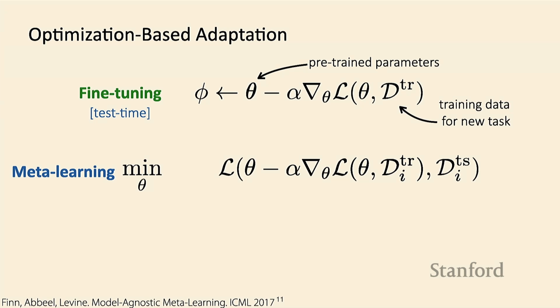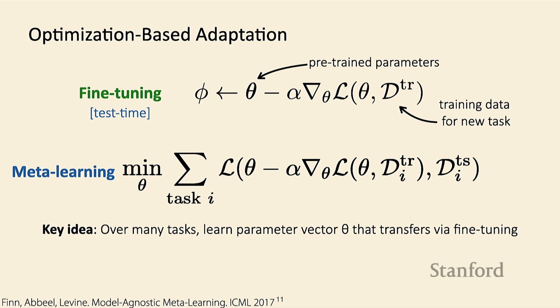And of course, we won't just do this over one task. We'll do this over all of the tasks that we have available to us. And so this is essentially what our objective is going to look like for this optimization-based meta-learning process.